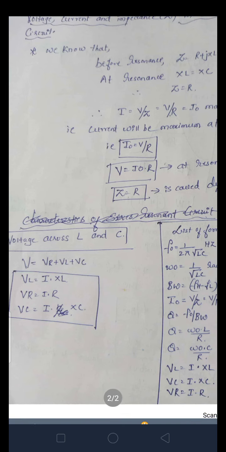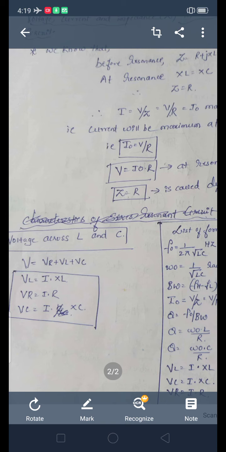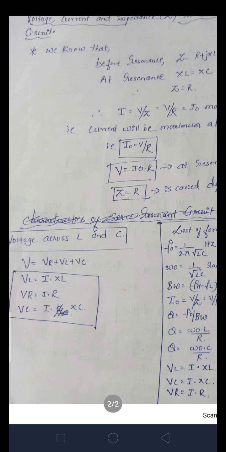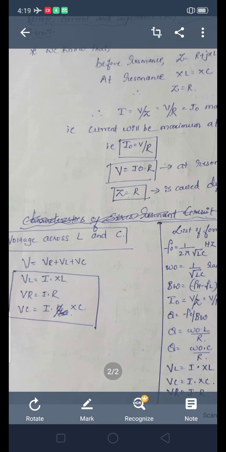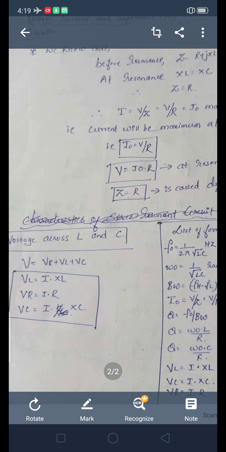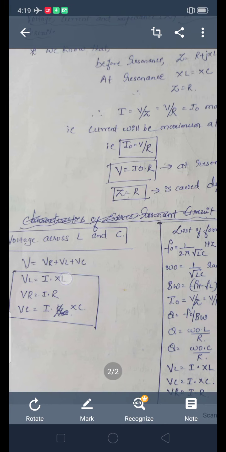Voltage across R, how do we write? R is there, current flowing through that R will be I, resistance is R. So, VR will be I into R. Very simple. Next, voltage across inductor, VL: current is I, its inductive reactance is XL.